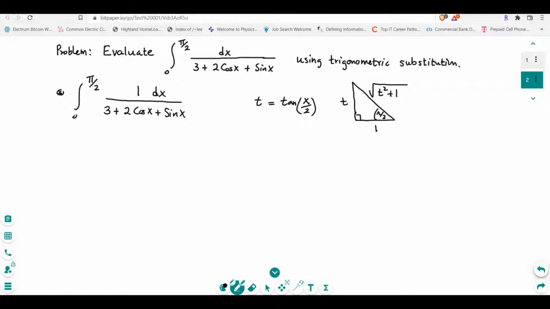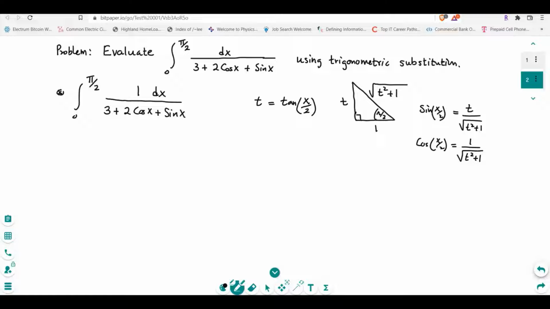So from here, we can define sine x over 2, which is going to be t over the square root of t squared plus 1, and cosine x over 2, that's going to be 1 over the square root of t squared plus 1. Now you can see there's a cosine x and a sine x.